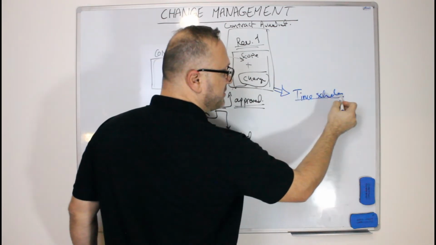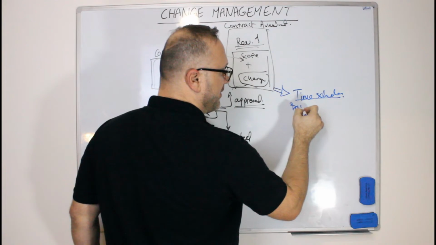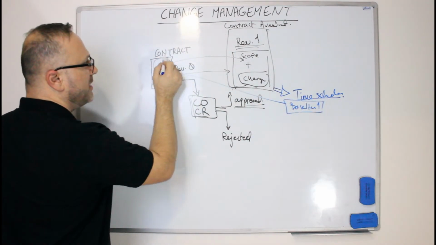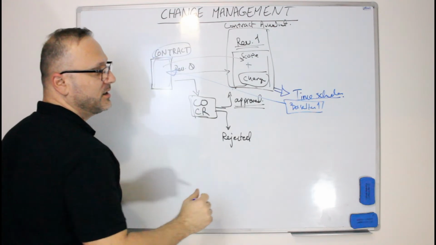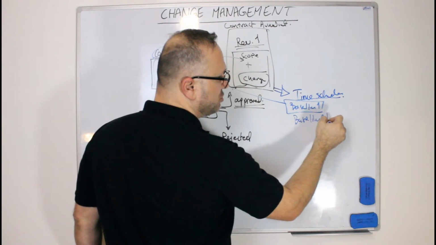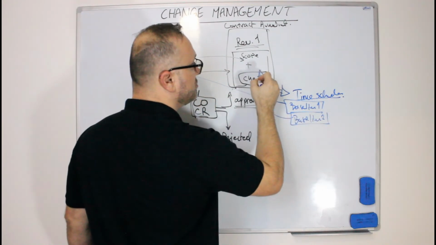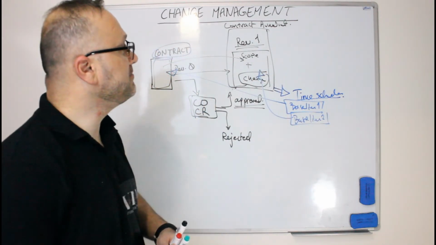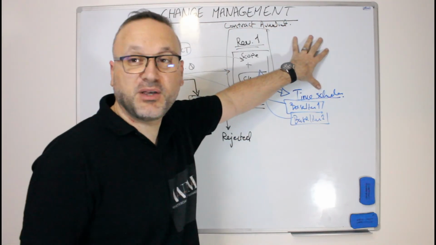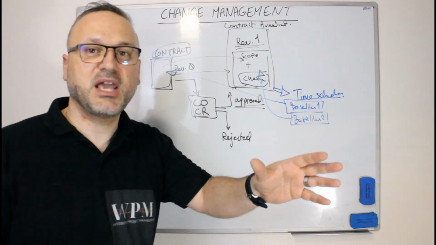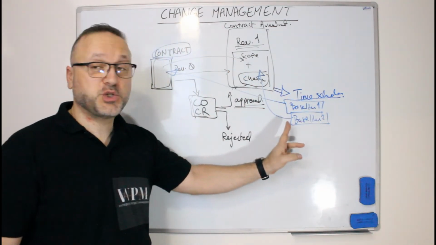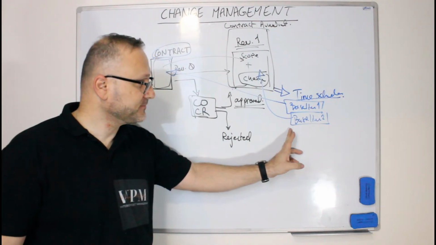So when you have a time schedule with baseline 1, this is according to the main contract. Now you have baseline 2, which is according to contract amendment number 1. There could be another amendment, number 2, number 3, and you can add so many amendments to the contract according to the changes which are approved.